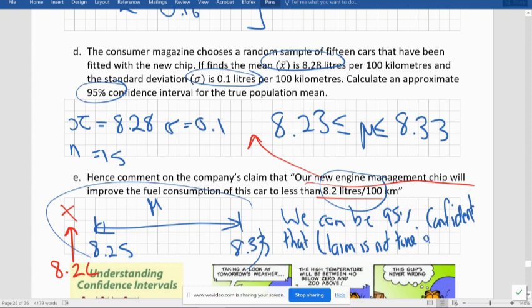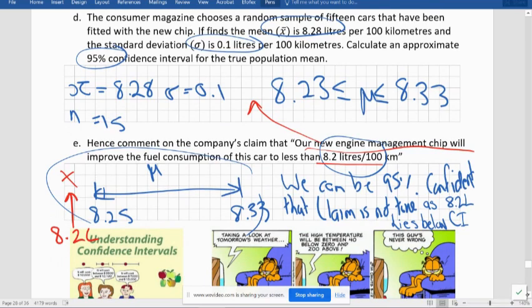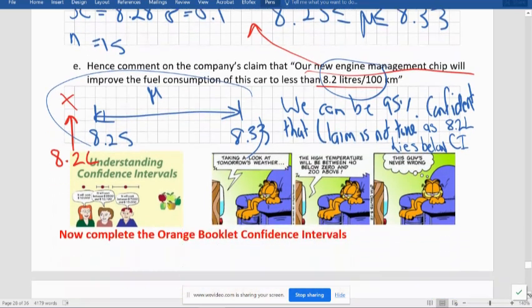So we need to say as 8.2 litres lies below the confidence interval. It depends on the types of questions, so you've got to be careful. Lots of language here, but that will be exactly all you need to say. No good, because 8.2 is below. It's completely outside where, with 95% confidence, the true mean is.